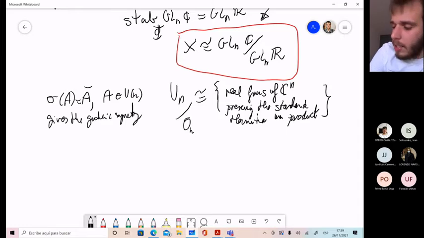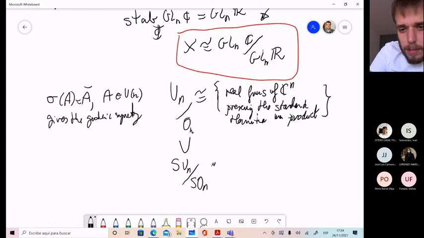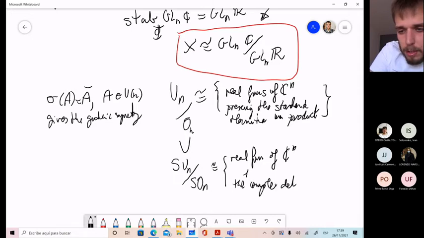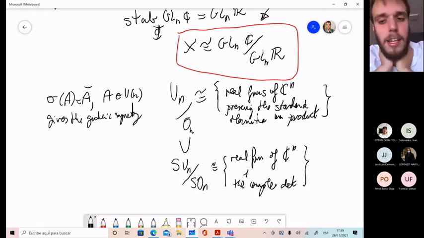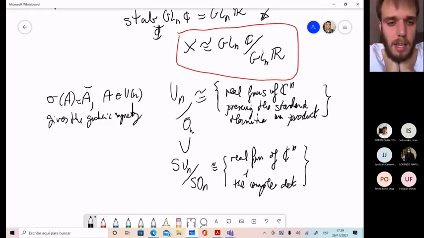And inside of this, we have this other set of real forms: the set of real forms of C^n preserving the standard Hermitian inner product and also the complex determinant, okay? The determinant that it has as a C-linear map. You take the matrix and you compute the determinant.